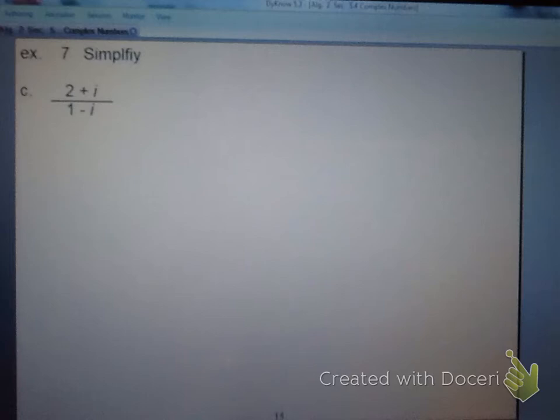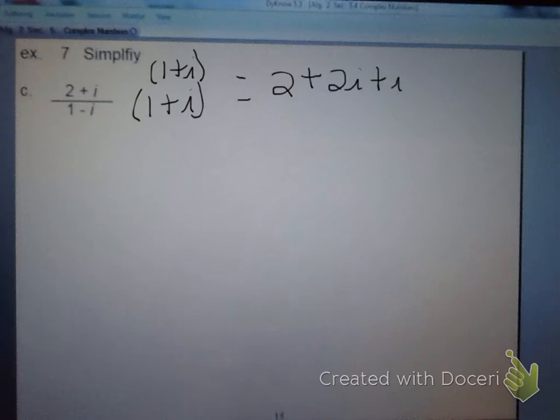And example C, I am going to multiply by the conjugate, which is 1 plus i. Now in the numerator, I'm going to have to do the FOIL method. So that's 2 plus 2i plus i squared.